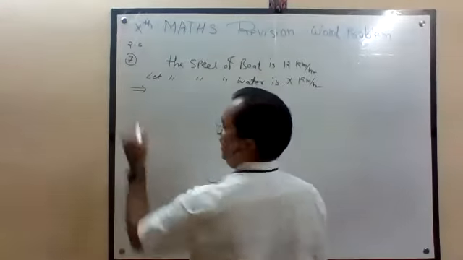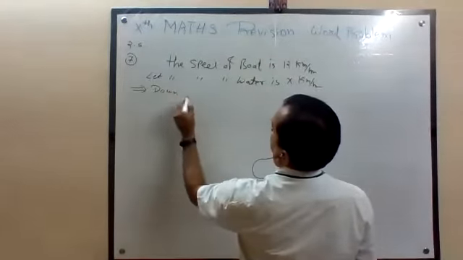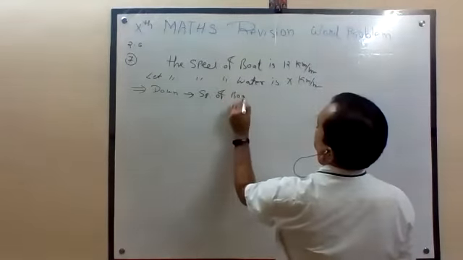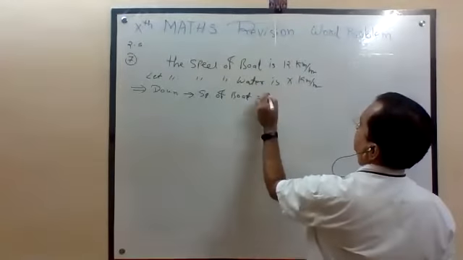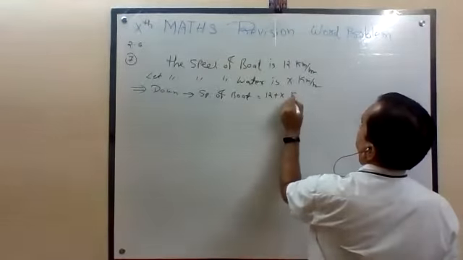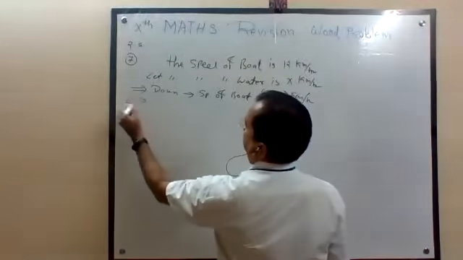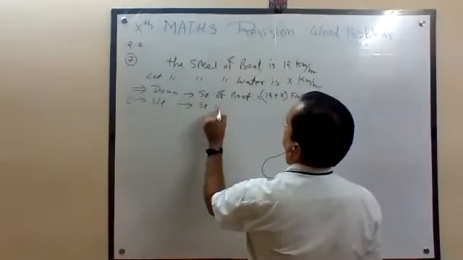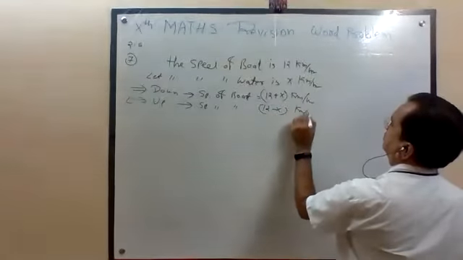If both are in the same direction, meaning downstream, the speed of boat is equal to 12 plus x kilometer per hour. In the opposite direction, upstream, the speed of boat is 12 minus x kilometer per hour.